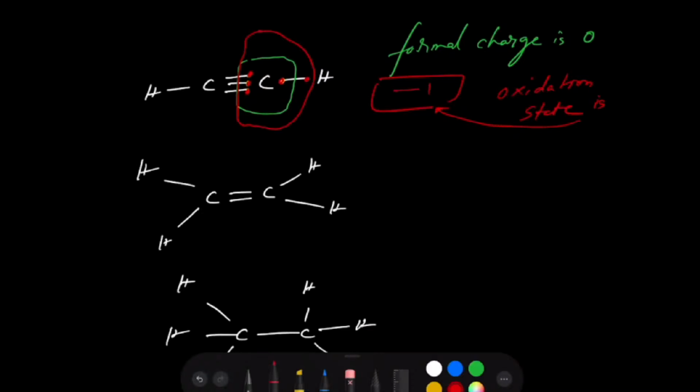Let me calculate oxidation state here. So here when I do the partition, this will be equally shared because it is of equal electronegativity, but these electrons the carbon will totally grab.